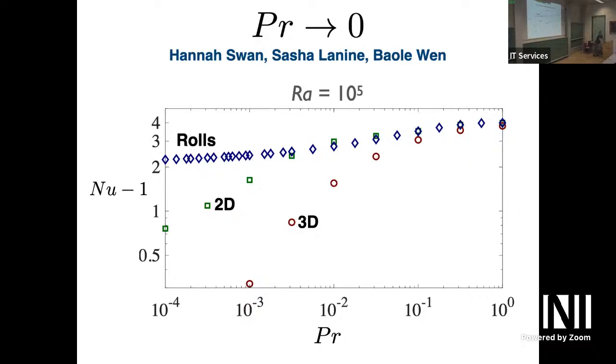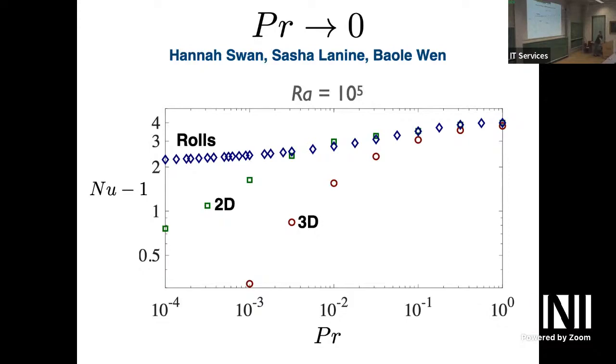If you fix Rayleigh number and take Prandtl to zero, you'll see that the temperature profile is returning to linear, because the fluid conducts heat so well that even though the Reynolds number is not getting small, the heat will just return close to its conductive equilibrium, even though it's being stirred.